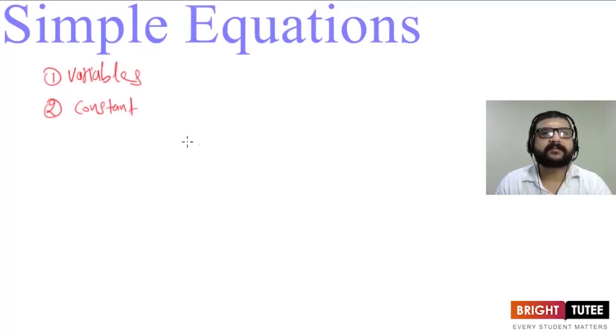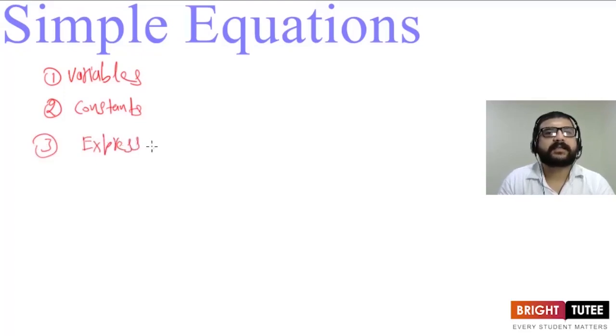All these quantities are fixed. So these are constants. And after studying constants, we have seen what are expressions. Expressions are formed when we apply operations like addition, multiplication, subtraction, division on variables. Then expressions are formed.